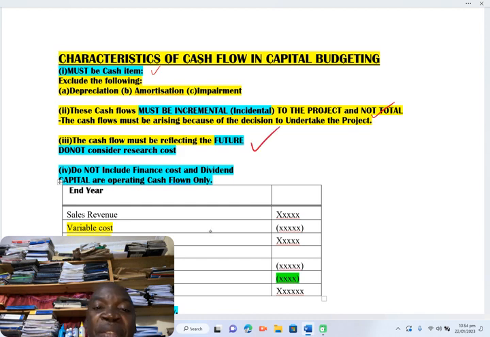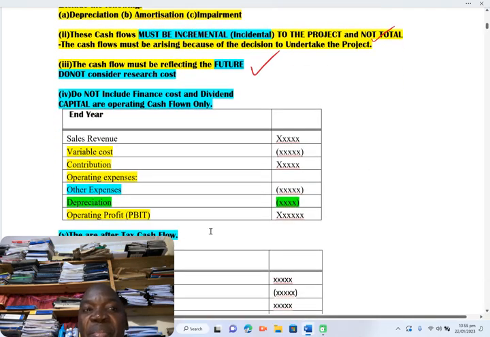Number 3, the cash flow must reflect the future. Therefore, all past costs or research costs must be expensed. You can't capitalize them in the project because they are sunk.